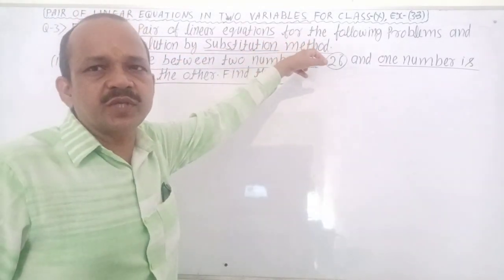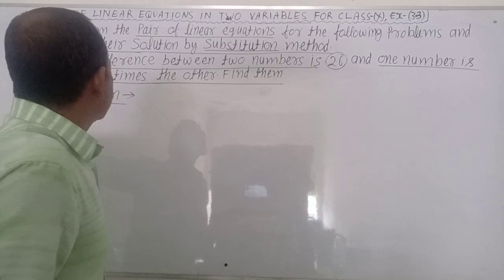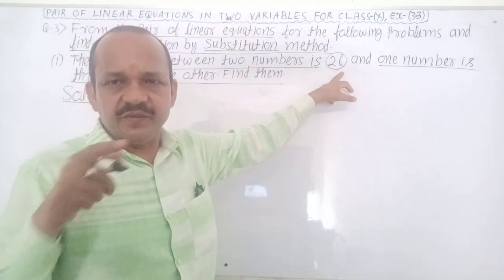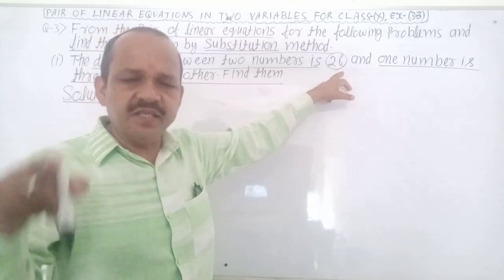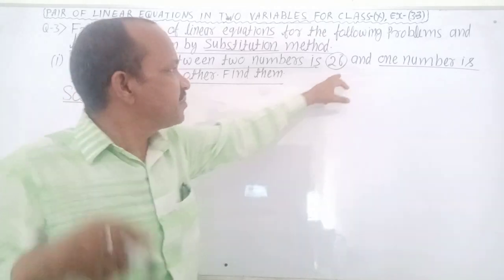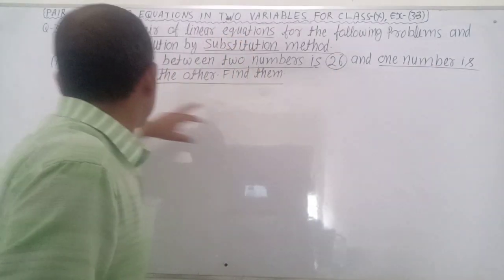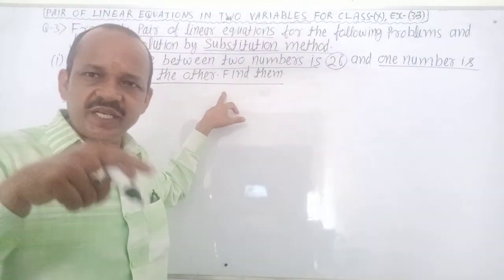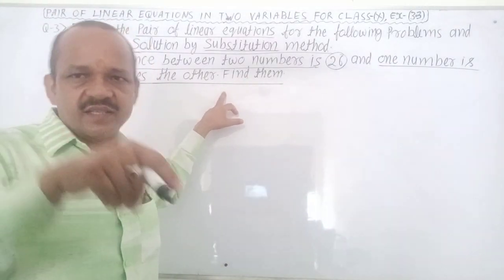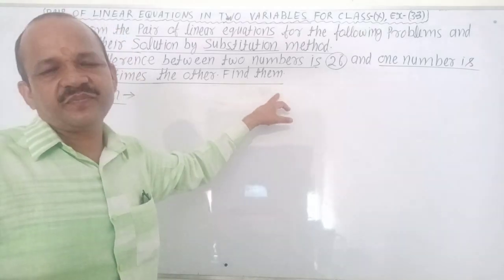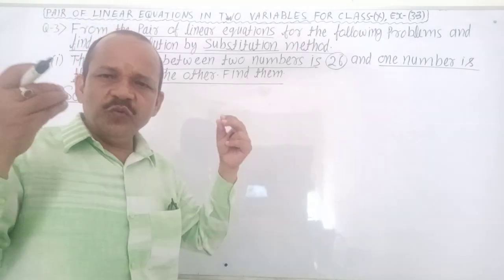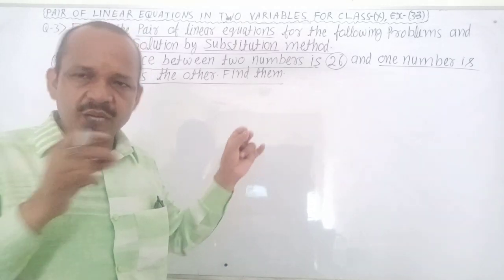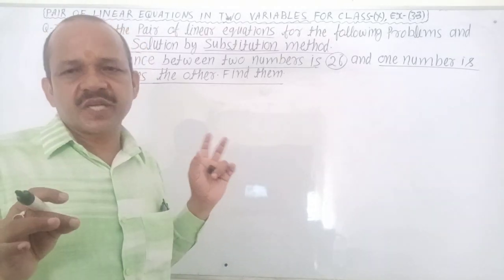First, the difference between two numbers is 26, and one number is 3 times the other number. Find them. It means you find the numbers, first number and second number.